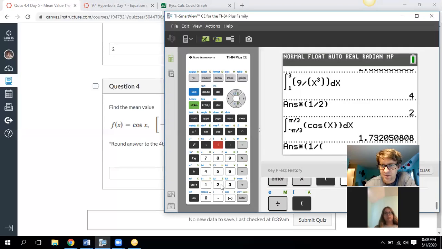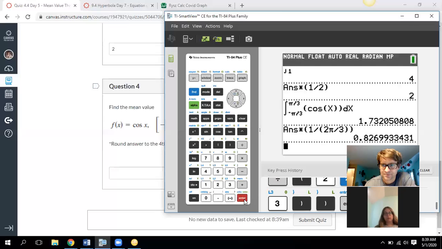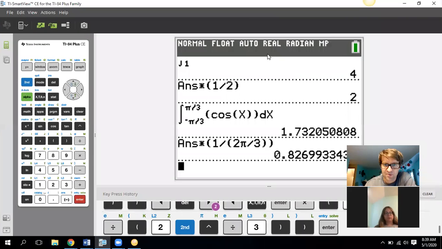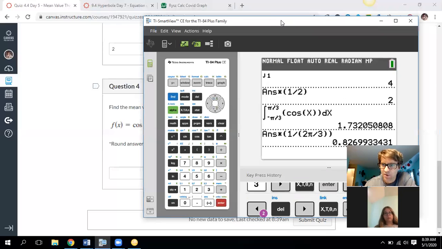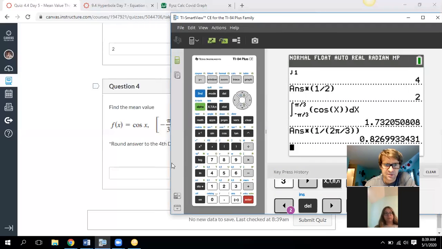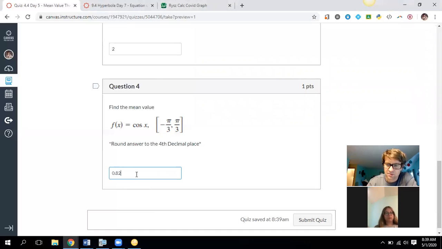But I'm going to type that in, 2 pi divided by 3. Close the parentheses. We'd probably have a reciprocal. All right, and we get this answer, and we're going to cross our fingers, hope that works. 0.8270. All right, let's submit this and see how we did.